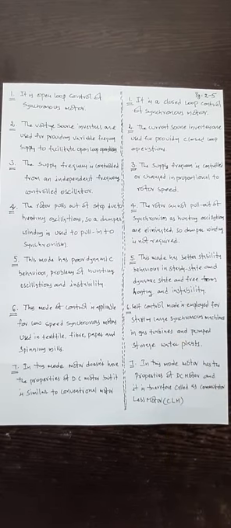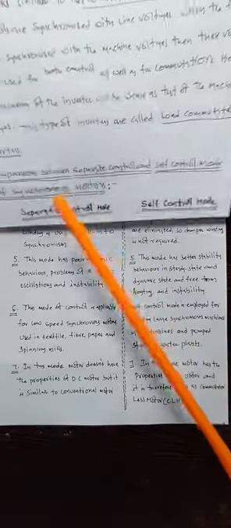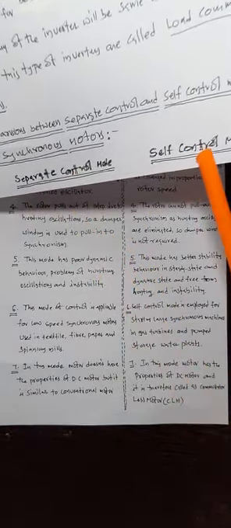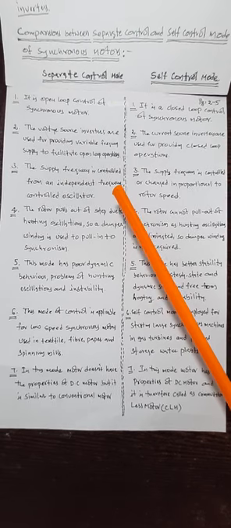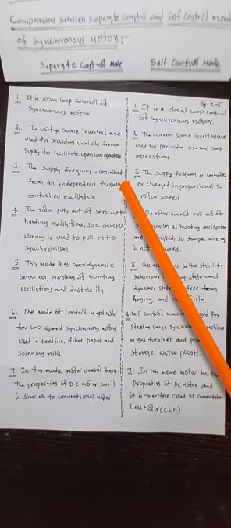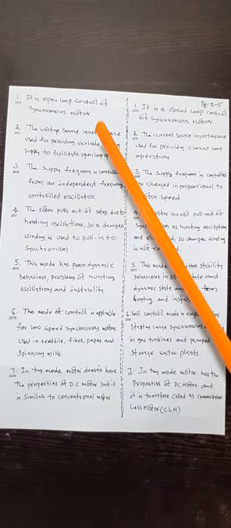See, the first one under the separate control. One side we kept as the separate control mode, another side is the self-control mode. So let us start with the points belonging to the separate control mode as well as the self-control mode. Point number one: separate control is an open loop system.